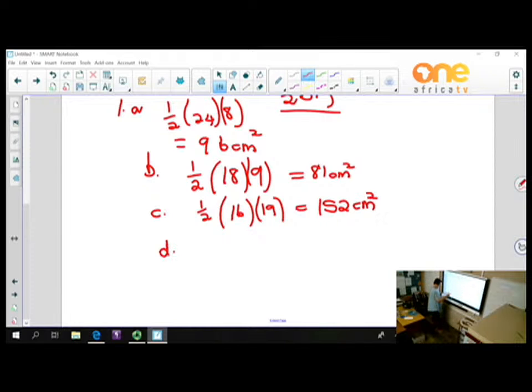Then number D, there you just work in that one triangle, so it's a half of 22 times 26, half base times height. We just need to calculate the shaded area, and it is 286 square centimeters. Or in a case like this, you can get the area of the rectangle and divide it by 2.